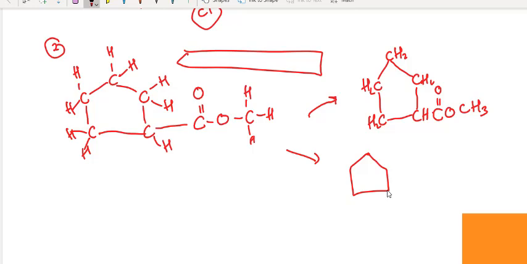So this carbon that connected to this carbon, the outside carbon, that bearing C double bond O here. Okay, and this carbon connected to oxygen, and this oxygen connected to C.